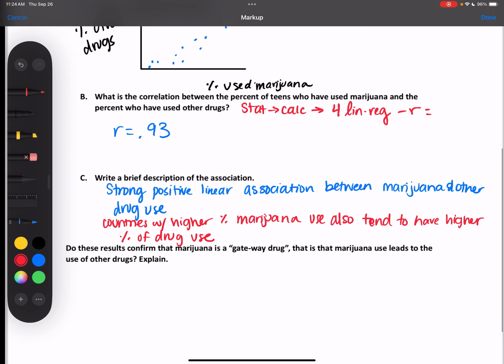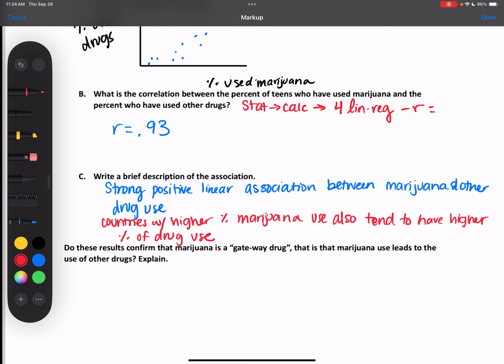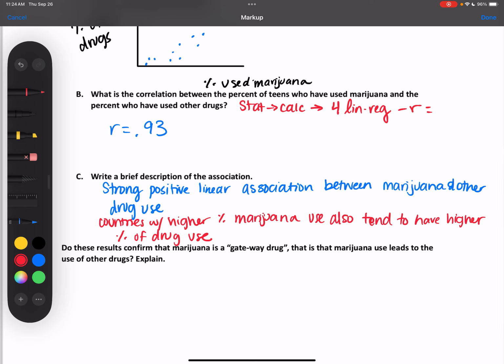So to follow that up, part D, I don't know why mine doesn't say part D, but anyways. Do these results confirm that marijuana is a gateway drug, meaning that marijuana use leads to the use of other drugs? What do you think?